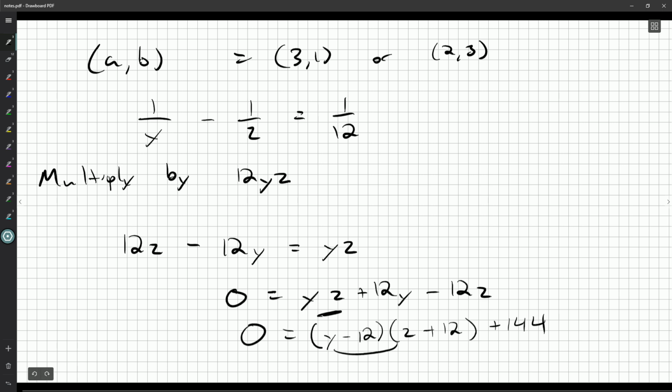The minus 12 and the z will make this part. The plus 12 and the y will be this part. And the minus 12 times 12 would be minus 144, so we add on 144 to stop that. Or I guess we can just say minus 144 is y minus 12 times z plus 12.